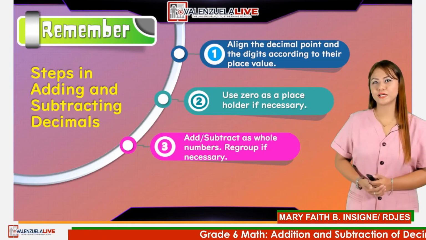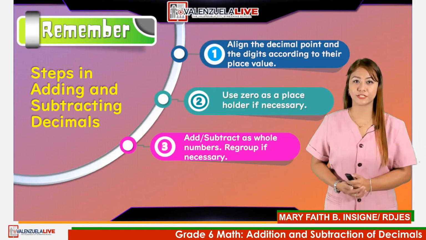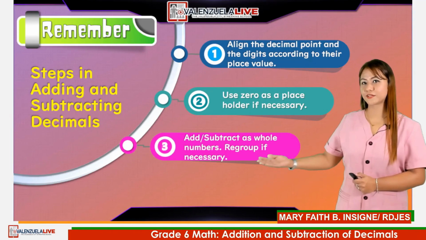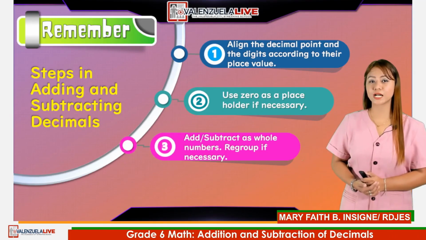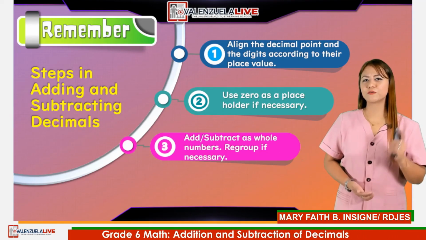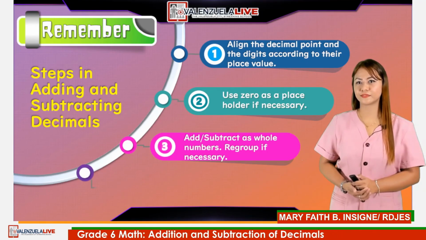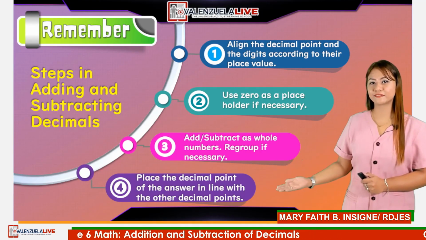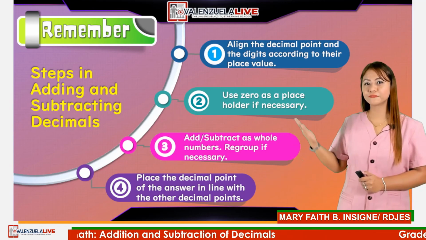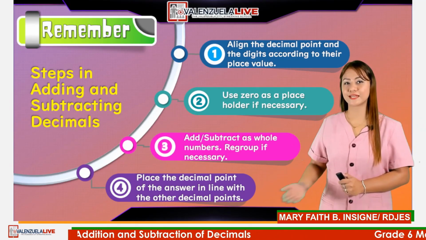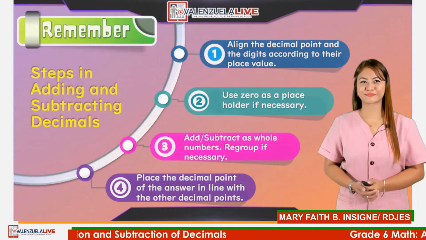Step 2, use 0 as a placeholder if necessary. Step 3, add or subtract as whole numbers, regroup if necessary. And lastly, place the decimal point of the answer in line with the other decimal points.